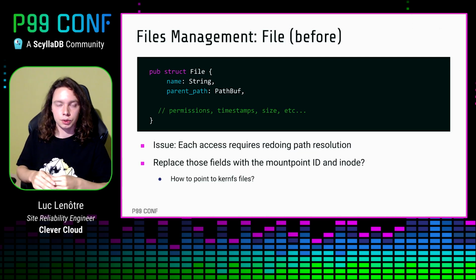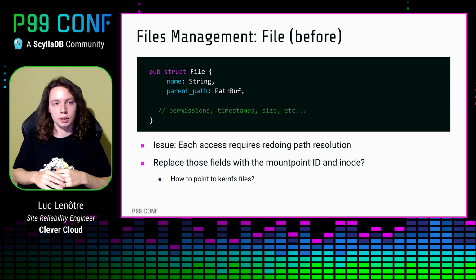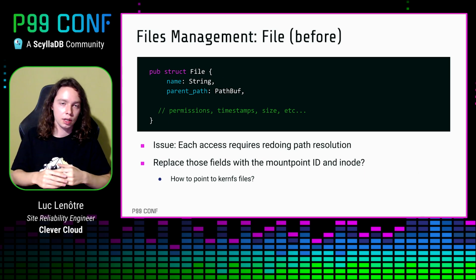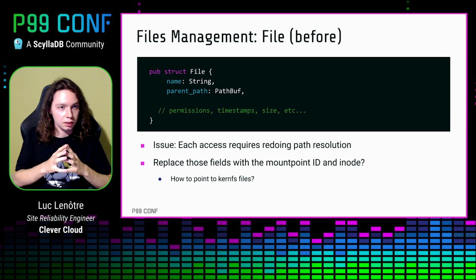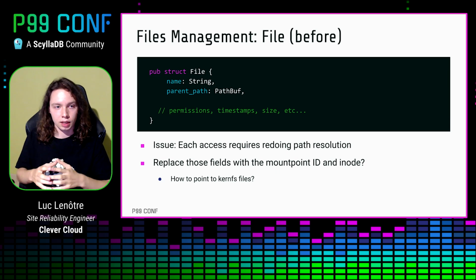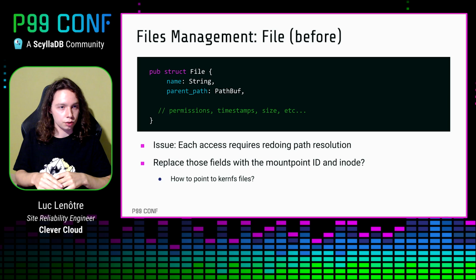Next, I decided to clean up the management of files. That's actually a big piece, so I cannot cover all of it, but I will try to do an overview. So the file structure represents a file that is currently open on the system. This structure has a few issues.